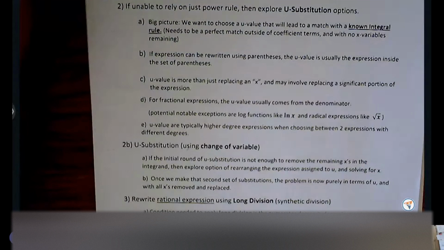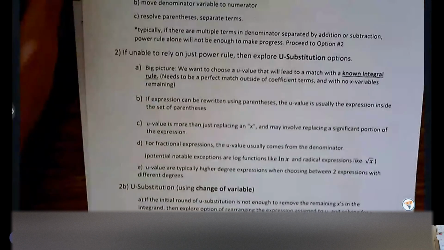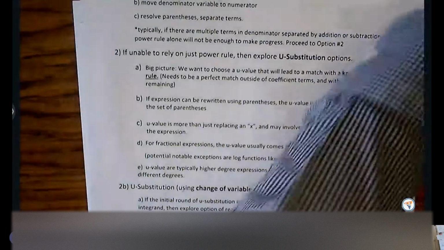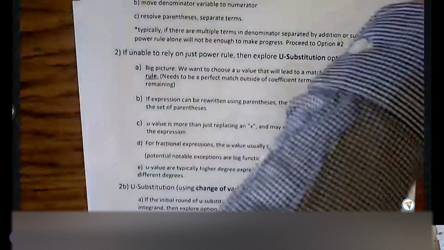But ultimately, you're just trying to move your way towards a known integral rule. So whatever it takes to get to that u value where it will match with one of the integral rules, that's the path that we want to take.